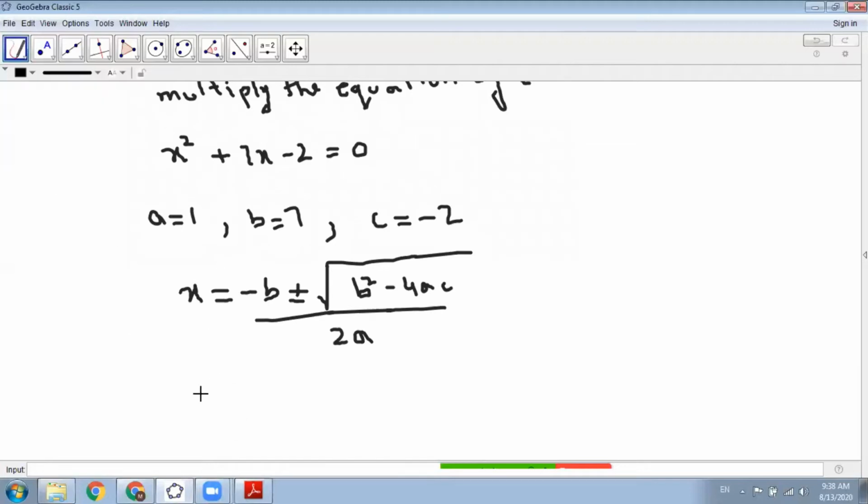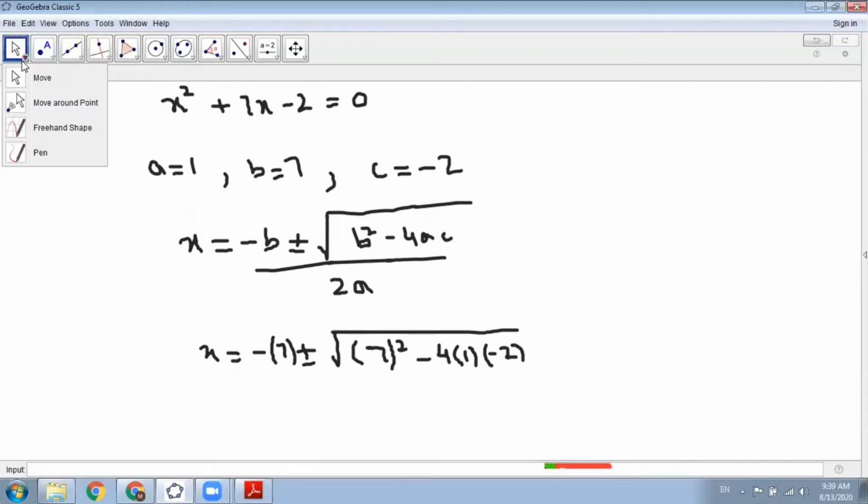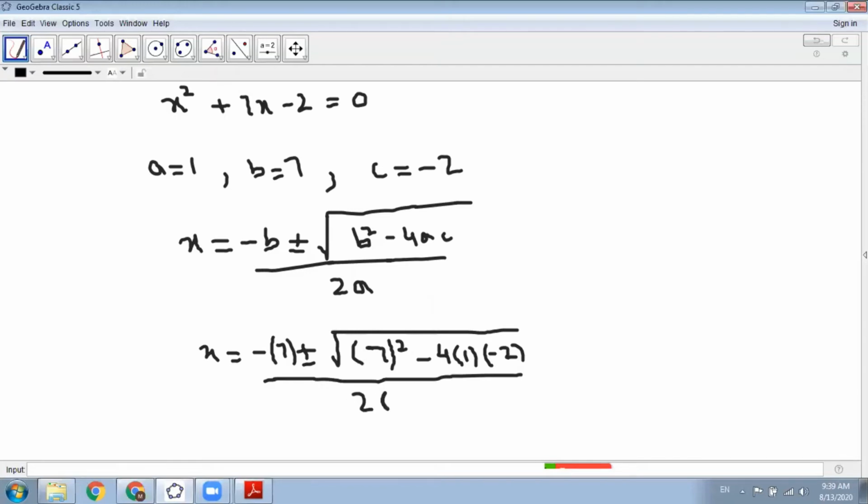We get x equals minus, we place 7 in the place of b, plus minus under root 7 whole square minus 4, in place of a we place 1, and in place of c we place minus 2. In the denominator it's 2a, so we write 2 into 1 as the value of a is 1.